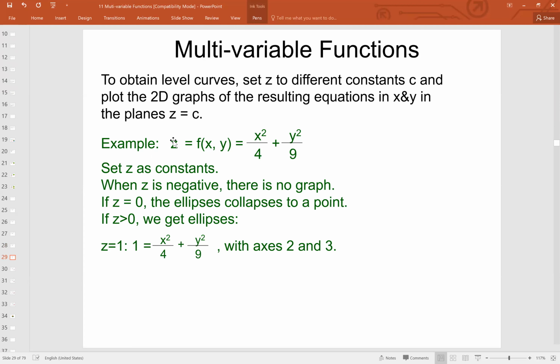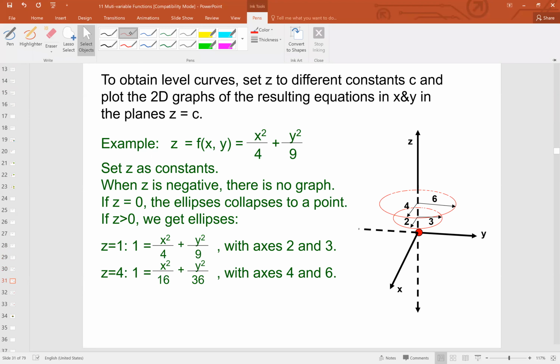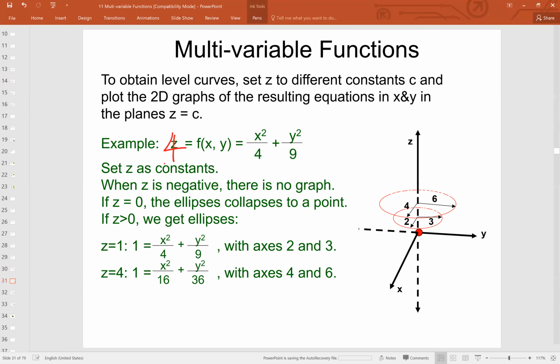In particular, z equal to 1, I get the cross section, the contour line, an ellipse with 2 in the x direction and 3 in the y direction. Then if I set this equation to z equal to 4, I divide by 4 over here, so the right side is 1, and the denominators become 16 and 36. Then x has square root of 16, which is 4, and y has square root of 36, which is 6. And so I get a bigger ellipse.